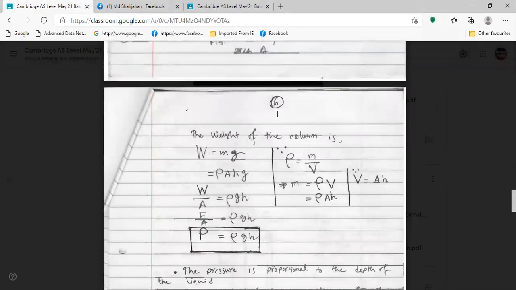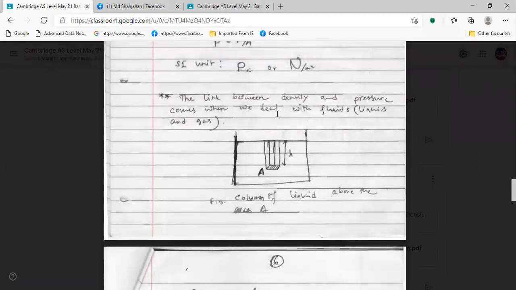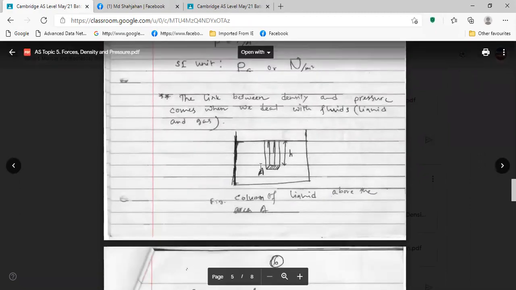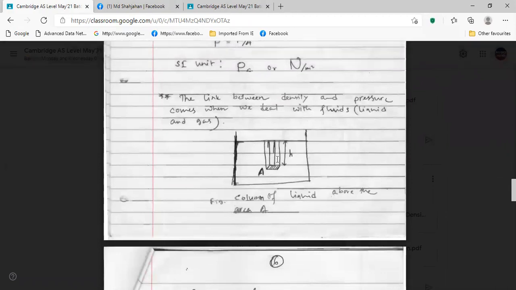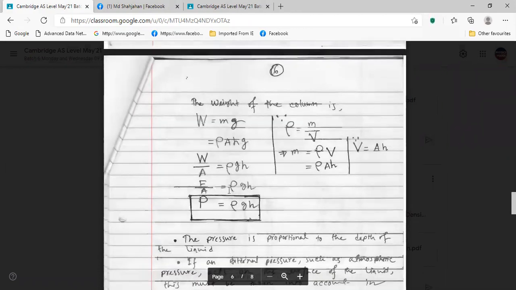You see, for a liquid column we are taking a little sample of a liquid column where the height or the depth of the liquid column is h and A is the base area of that column. Using these two pieces of information, we are going forward.